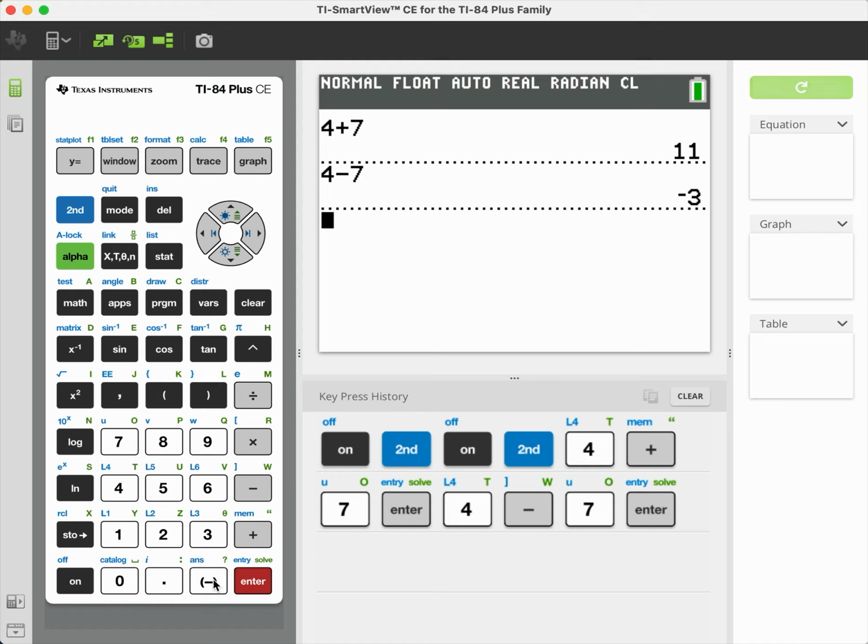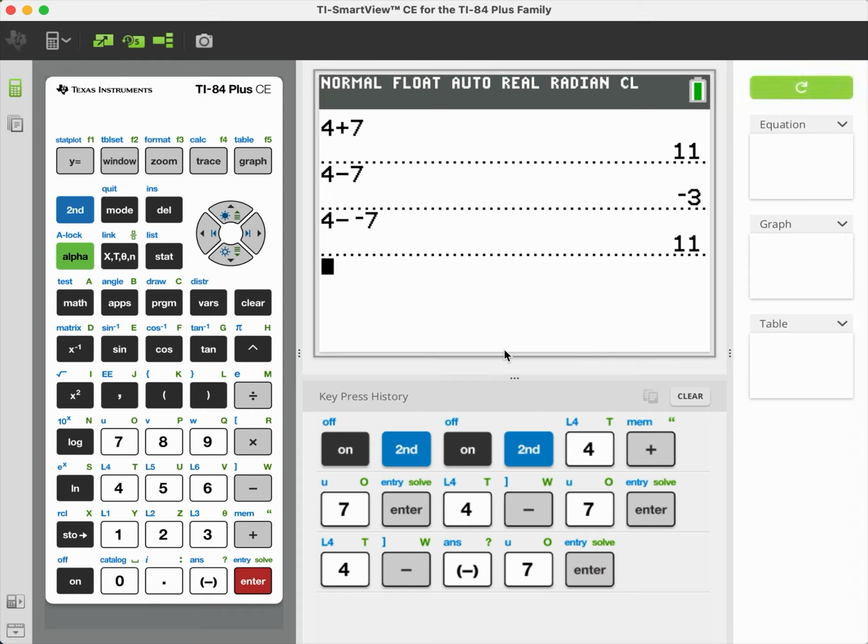Well, that's a negative button, and if I want to do 4 take away -7, I will get this, 11. 4 take away -7 is indeed 11. Notice that the subtract sign and the negative sign are a little bit different from each other in that the negative is 1 pixel higher and 1 pixel shorter than subtract.